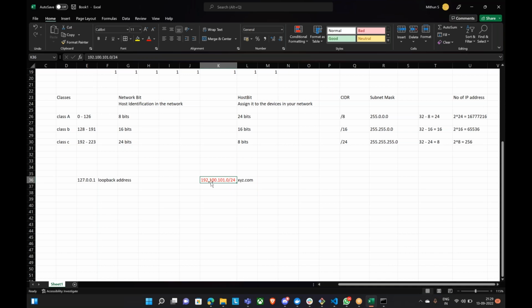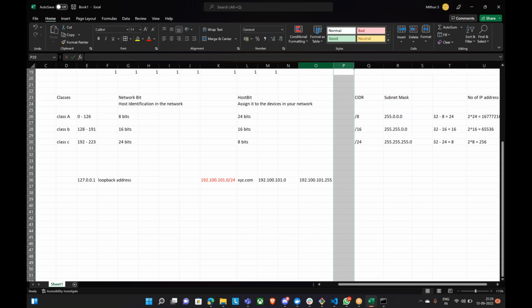Now my first IP will start from 192.100.101.0 to 192.100.101.255.